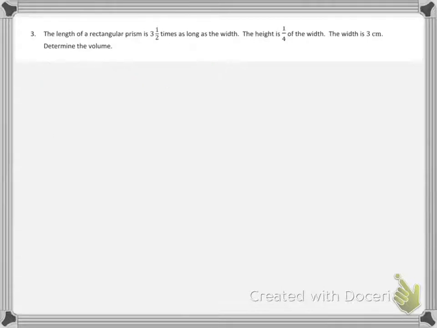So it's 133/12 feet cubed. Okay, that's number 2. Number 3, the length of a rectangular prism is 3 1/2 times as long as the width, and the height is 1/4 of the width, and the width is 3 centimeters. Okay, so let's write down what we know. We know that the width equals 3 centimeters, and we know that the length is 3 1/2 times the width.